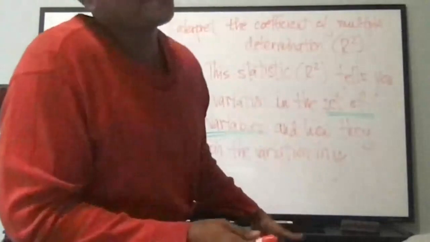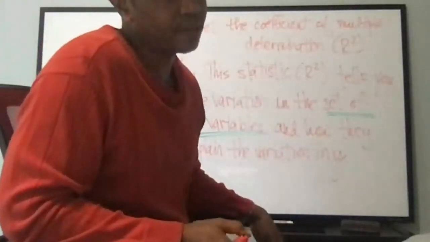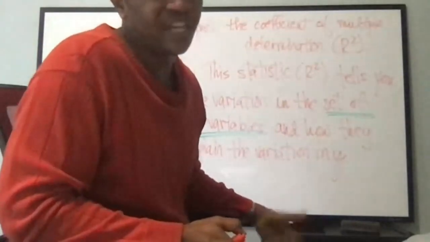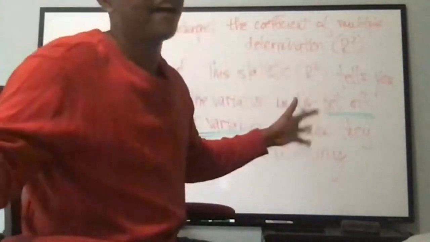So whereas before we would say something like 95% of variation in foot traffic explains the variation in sales, the only difference is that we're just going to say now 95% of the variation in foot traffic and minutes open, all those X's together, how they explain the variation in sales or y.